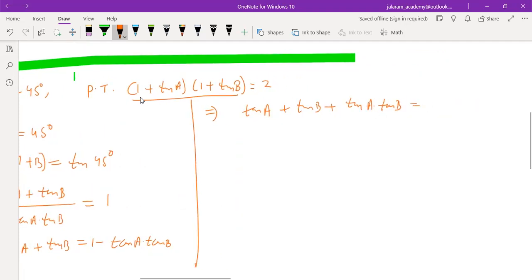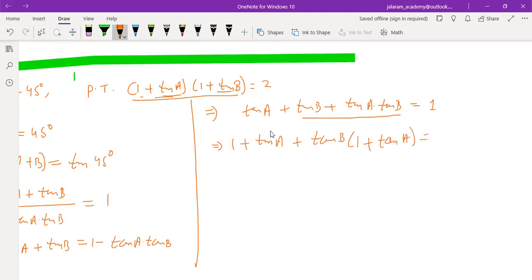If you expand it, it is 1 plus tan a plus tan b plus tan a tan b. So 1 is lacking. If we add 1 to both sides, we are getting 1 plus tan a also. And if we take tan b common from these two, we are again getting 1 plus tan a. And we have added 1 to the left hand side, so add 1 to the right hand side also. It will bring 2 also, which we want to find.